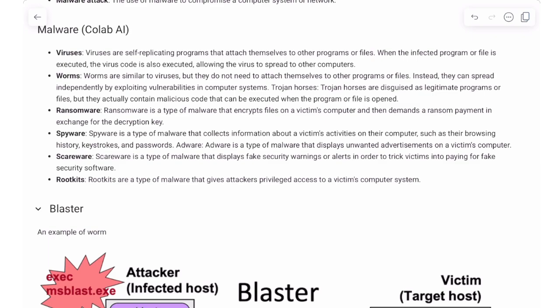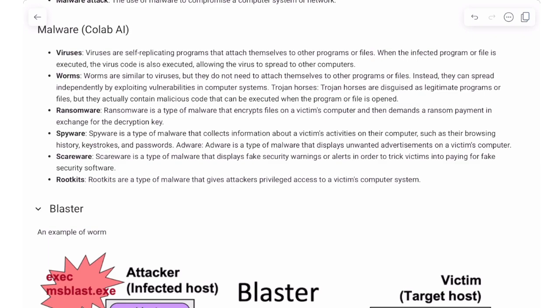Okay, ransomware is a type of malware that encrypts your files so that you need to send some Bitcoin or cryptocurrency to the hacker, and then they will give you some program to unlock your encrypted files. Spyware is software that will collect information on your PC or your cell phone, for example, your browsing history, your keystrokes, your password, something like that.